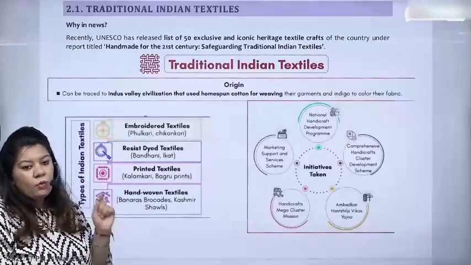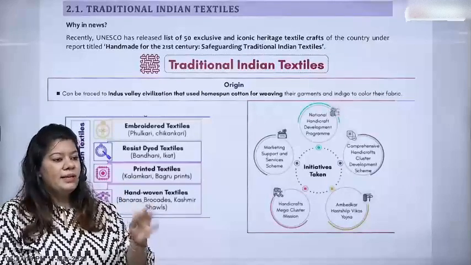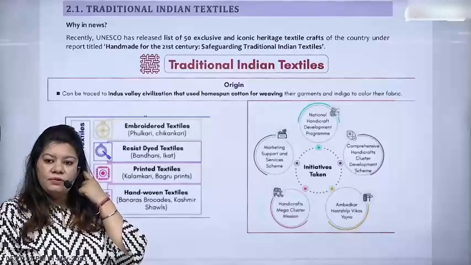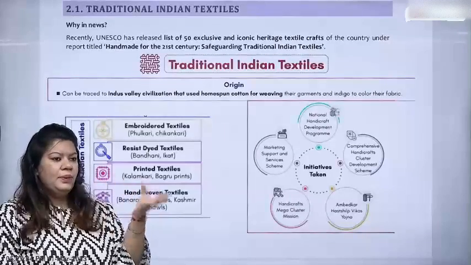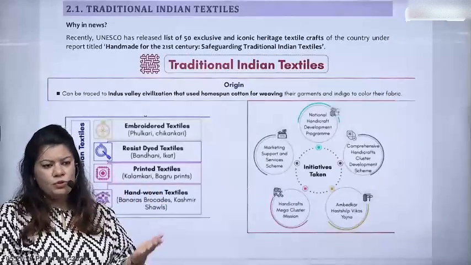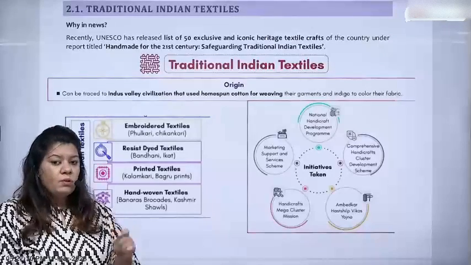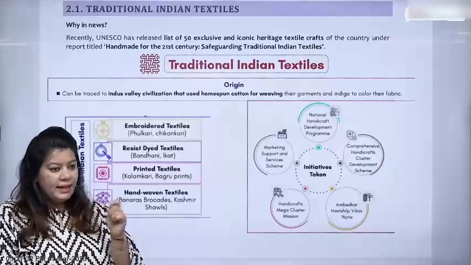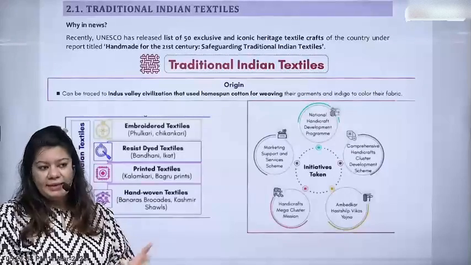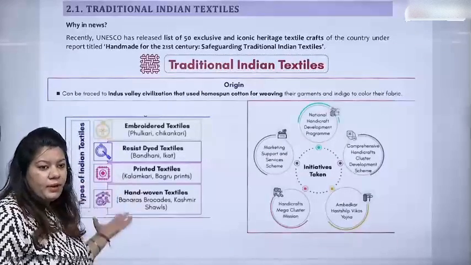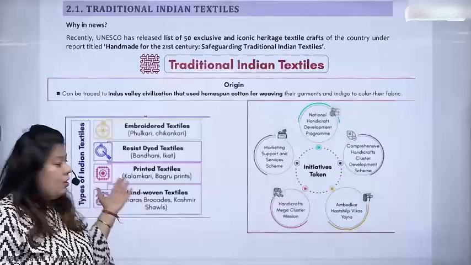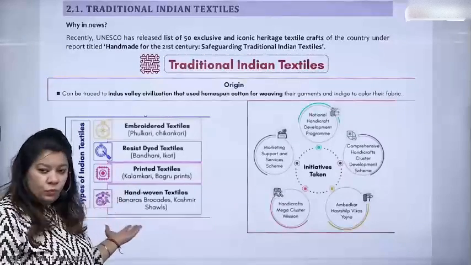That means even if you are, let's say, segregating out of 50 textiles, let's say 20, 25 textiles which you think that they should be known, you also have to know the nature of that textile. What kind of textile is it? It is embroidered, or is it dyed, or it is printed or hand woven?